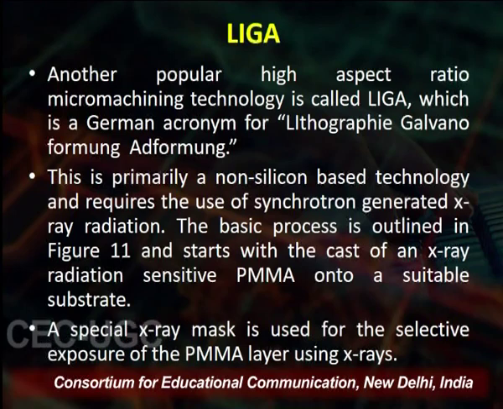So, the basic process outlined we will see in the diagram, and how a special X-ray mask is used for the selective exposure of the PMMA layer using X-rays. We use X-ray radiation sensitive PMMA deposited onto a substrate.